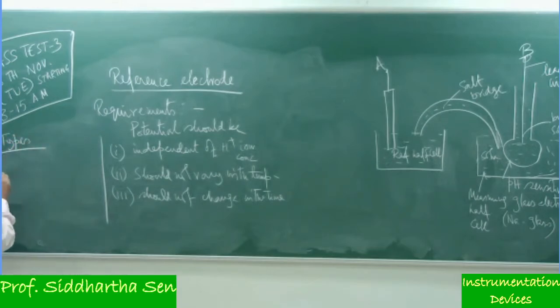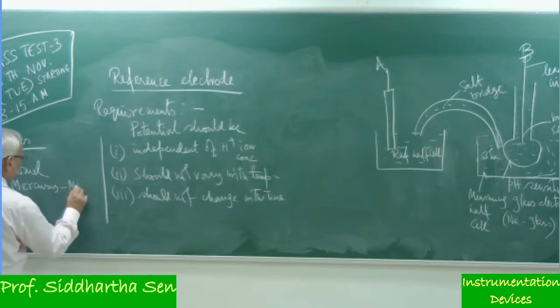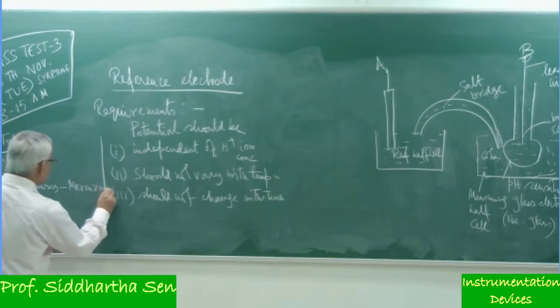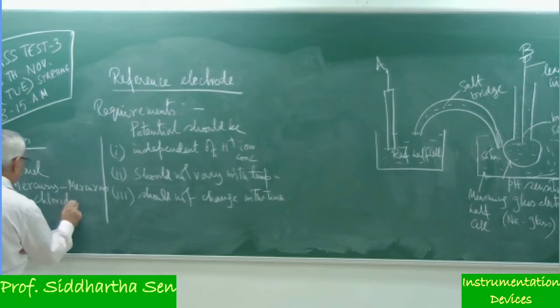Which we call the reference electrode types. One is calomel, which is mercurous chloride. It is an amalgamation.